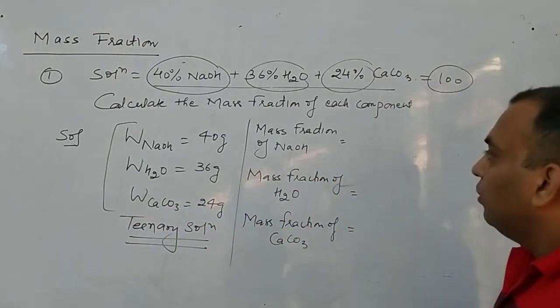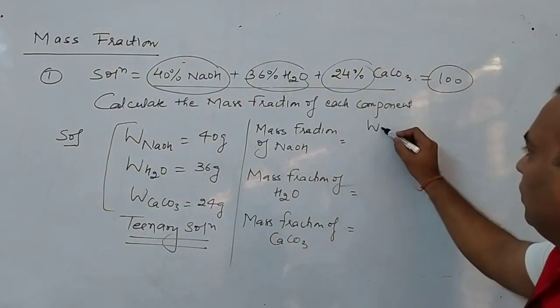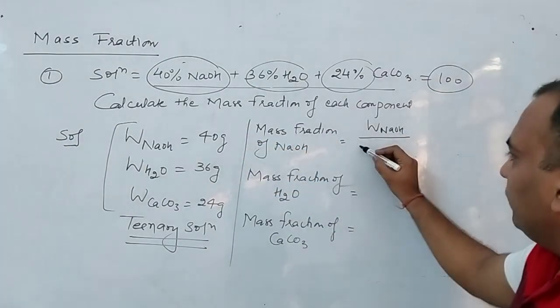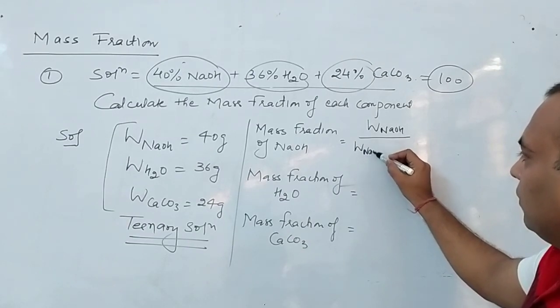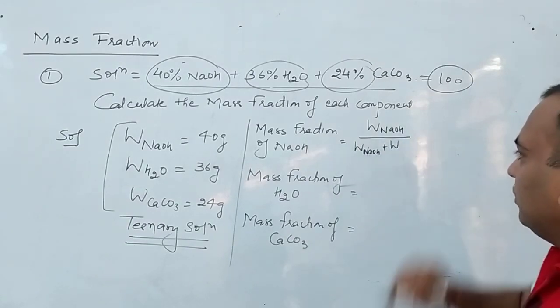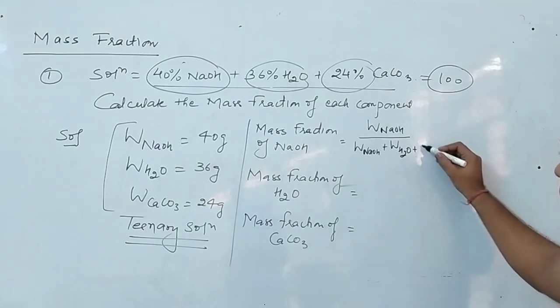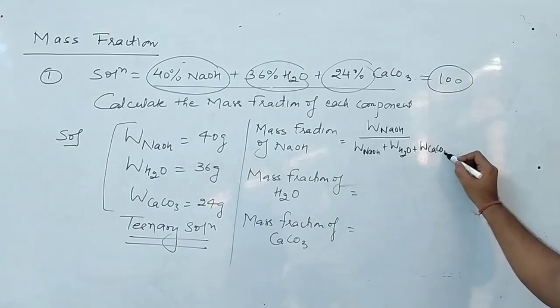The mass fraction of NaOH is equal to mass of NaOH upon mass of NaOH plus mass of water plus mass of CaCO3.